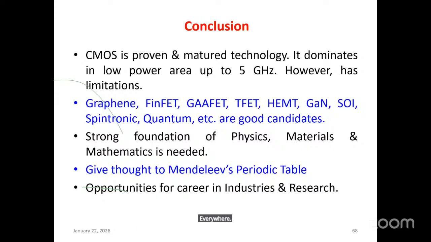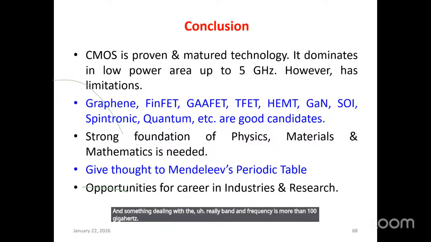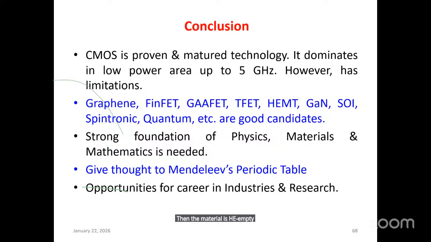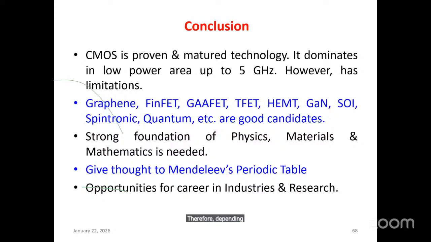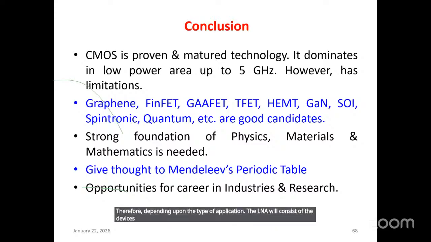Whenever there is a receiving antenna, we need an LNA. Based upon the type, if it is a military vehicle dealing with Q band and frequency is more than 100 gigahertz, then the devices are HEMT. If it is X band, S band, or C band, FinFETs are enough. Depending upon the type of application, the LNA will consist of devices accordingly.